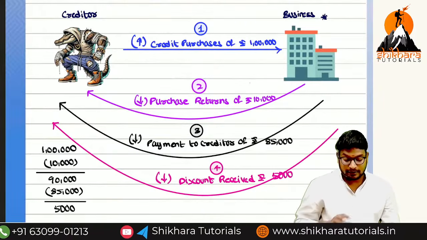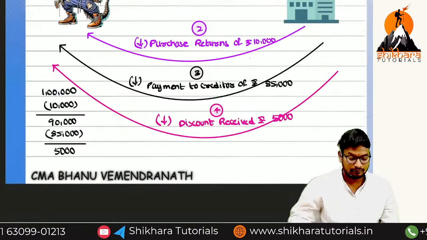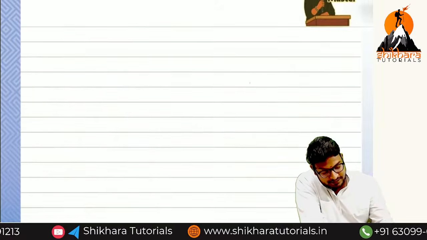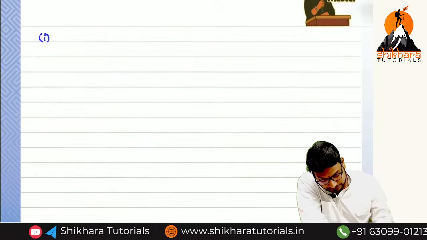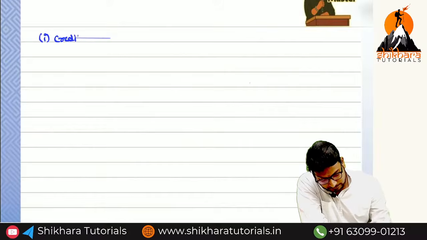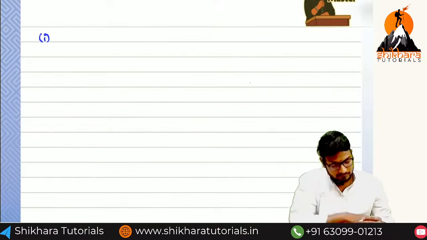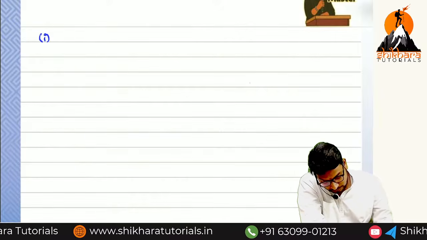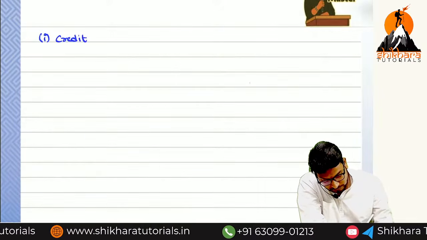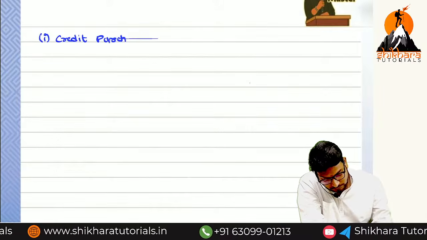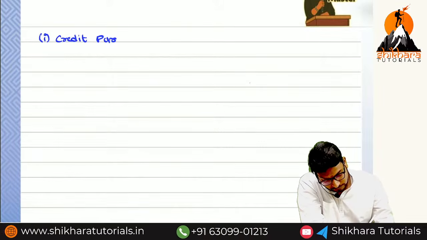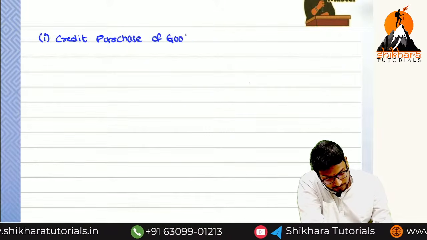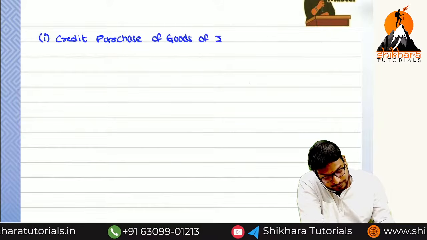Okay, let us discuss the transactions one by one. So what is the first one? Credit purchase of goods of rupees 1 lakh.